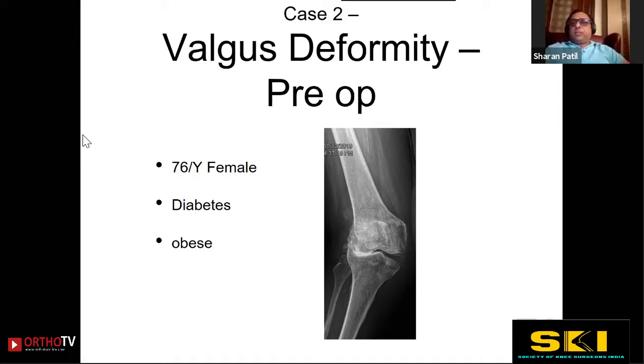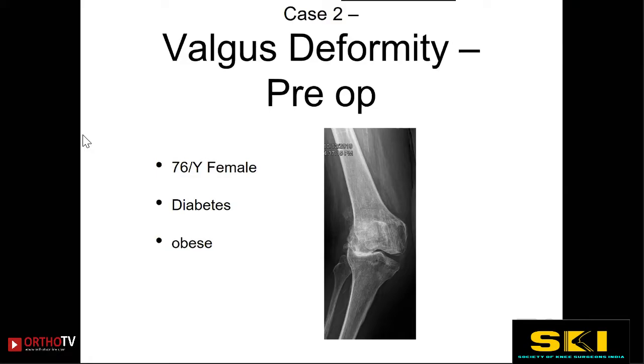First thing is I would like to see if it is a correctable deformity. A stress view might help me in that. This is a fixed valgus deformity. Right. She's 76, and she has a fixed deformity. Her hips are fine, her spine is fine, her contralateral knee is all right. This is an isolated unilateral fixed valgus deformity.